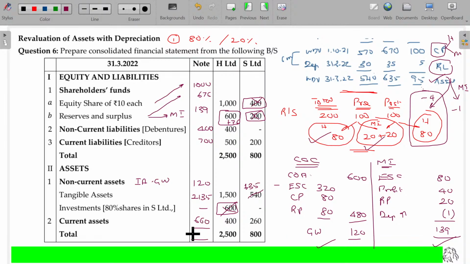Get me the total here, 2915 and 2915. Is it agreeing or not?